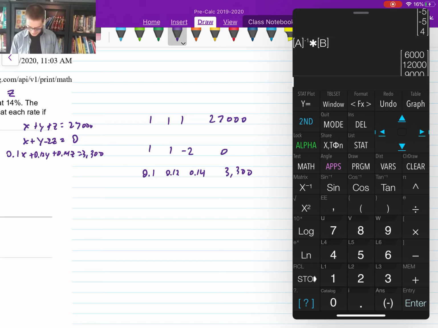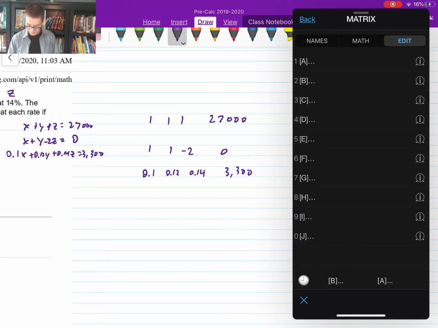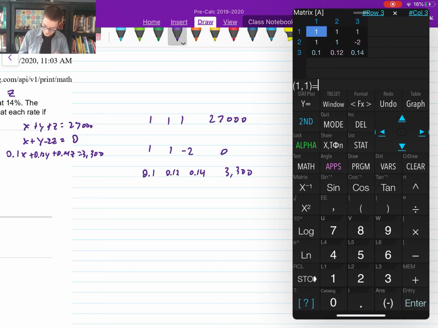If you plug these two equations in, you get from matrix 1, just to show you what I did. Matrix A is this. I plugged in the 3x3, and then for matrix B, I plugged in the constants.